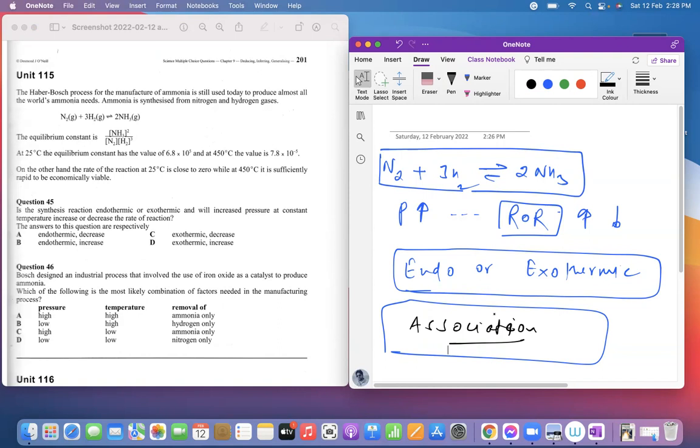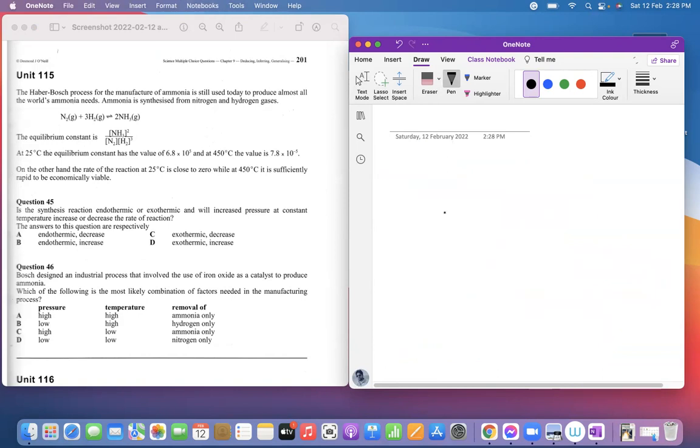Will collision be more or less? Suppose you have a beaker where 2-3 balls are there. I am asking what will happen if you increase the pressure. Will collision be there or not?